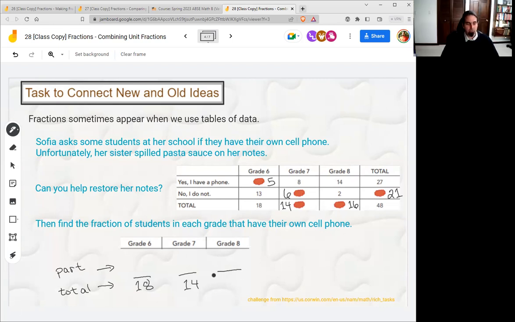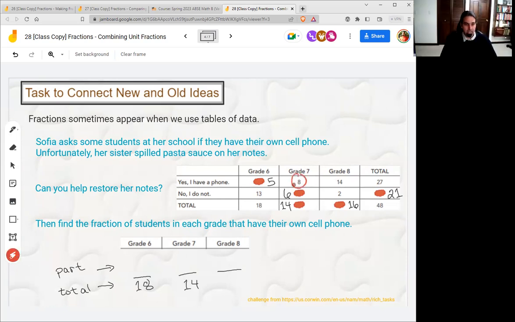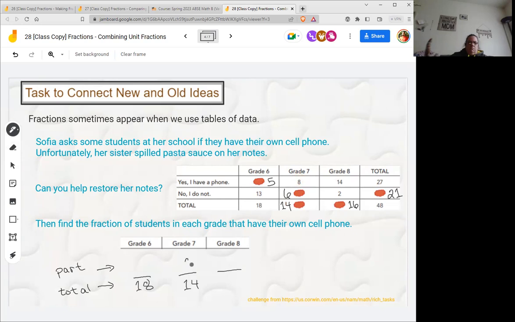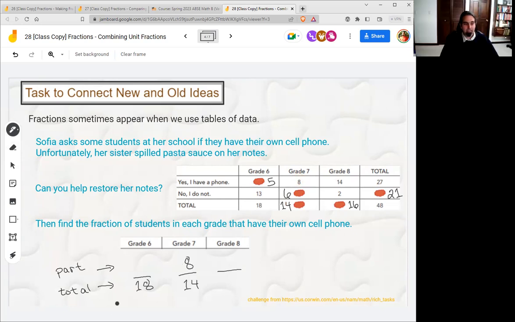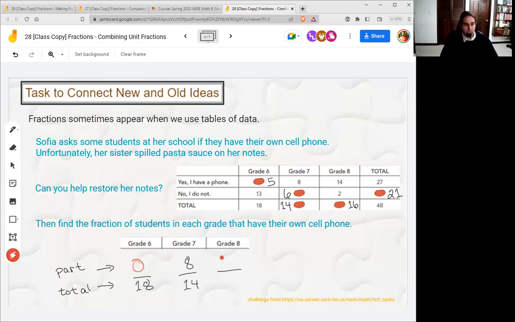Okay, tell me what to write for the rest of the numbers. Well, grade 7 is almost half. It's 8 out of the 14. A little more than half. Okay, 3 more numbers. 1, 2, 3.